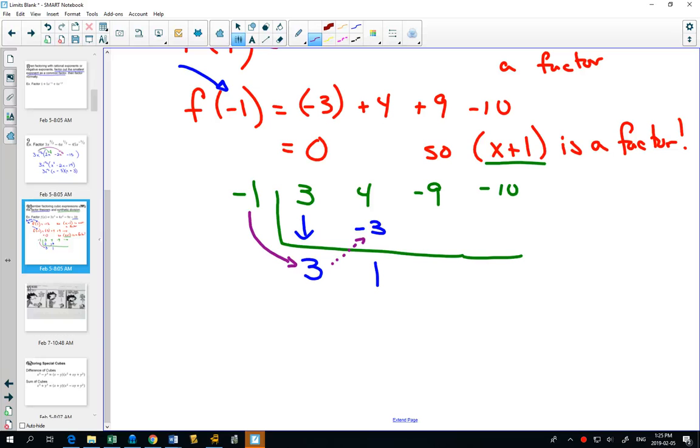Now we repeat this step over and over again. So now I would take the negative 1 and multiply it by the 1 and put negative 1 there. Again, I add negative 9 plus negative 1 is negative 10. I multiply again.